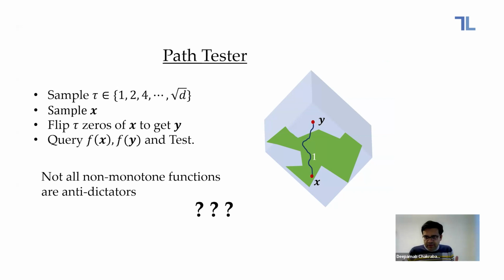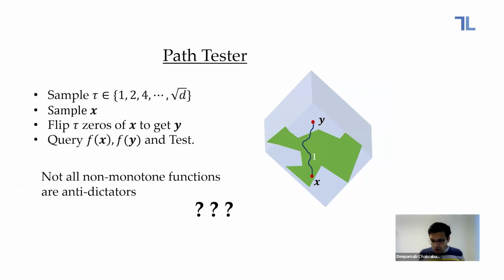That's okay for maybe the anti-dictator. Maybe you see how to fill in the details, but not all monotone functions are anti-dictators. So what do we do in that case? This is the part where I mentioned that structural results on what functions far from monotone look like are going to be key for the analysis.